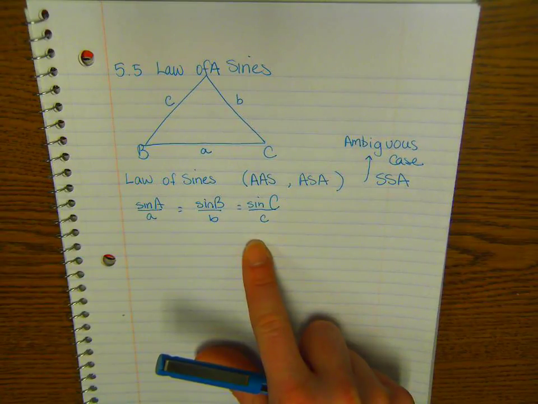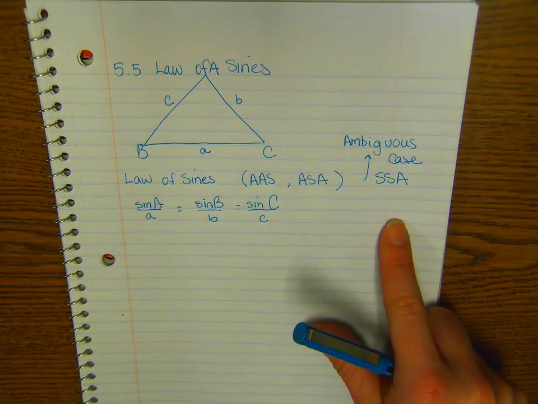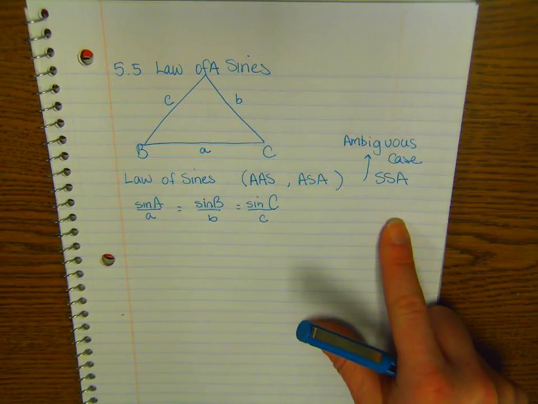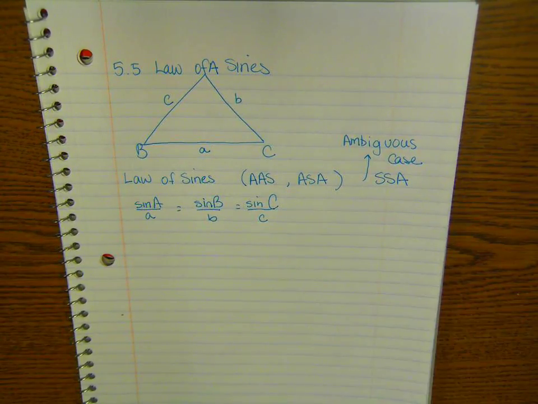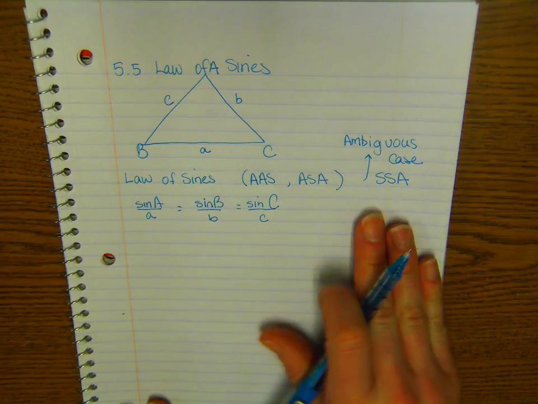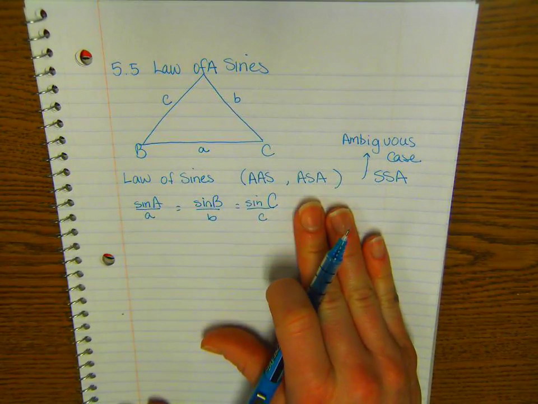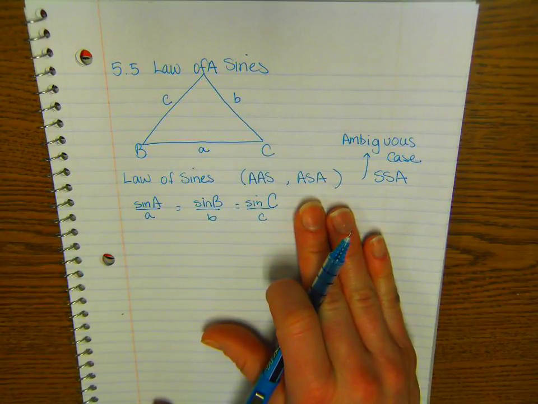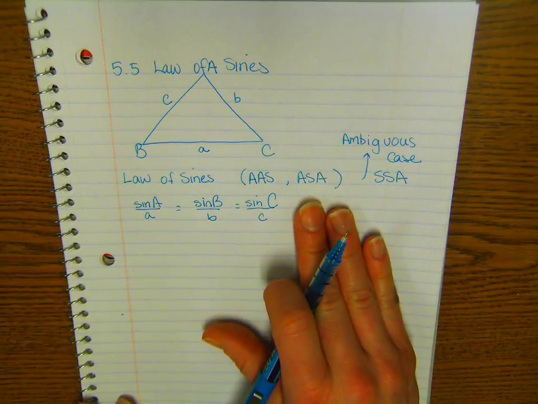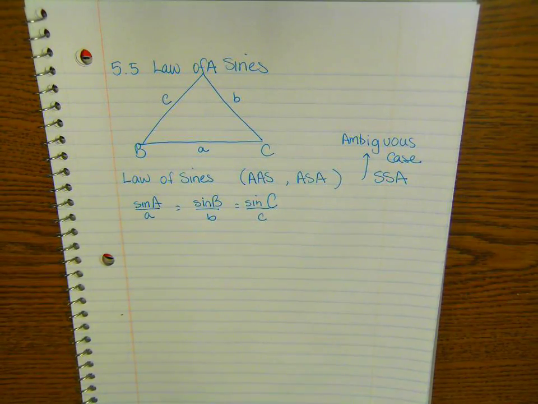There is a way to do it, and we're going to actually get some stuff out and draw the triangle so you can see why there are two different triangles that can be drawn. So today, I'm only going to talk about the angle angle side and the angle side angle case. There is something called law of cosines that is used for side side side and side angle side. Kind of sort of remember those? So you can't use law of sines for those two cases. We won't talk about that today.